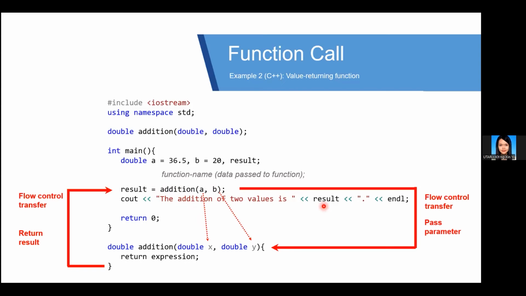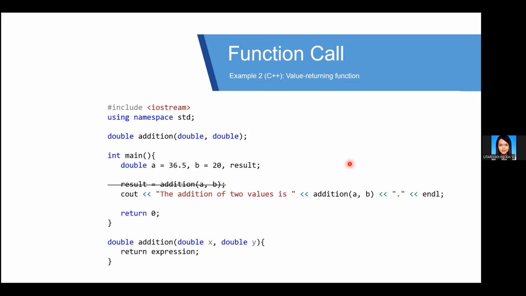Okay, so either you store the return value in a result variable so that later on you can print out the value currently stored in it, or I'll show you another way. For the same value returning function, if you don't want to declare a variable to store the return value, there is another possible way to print out the return value directly.